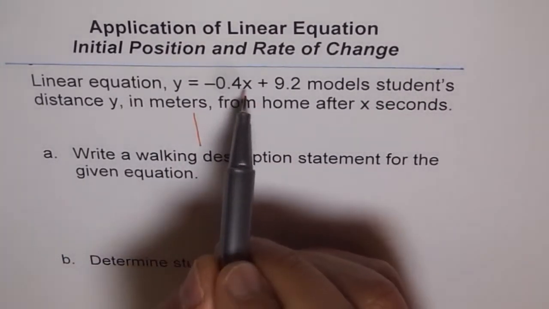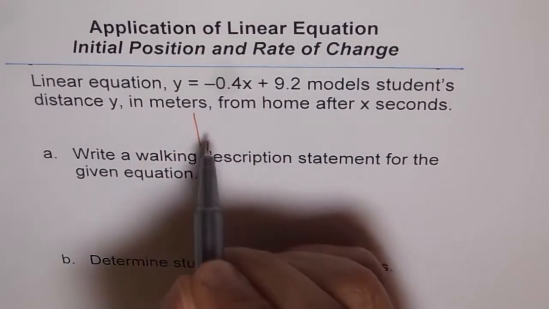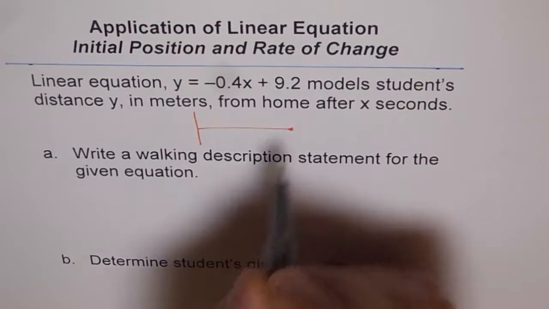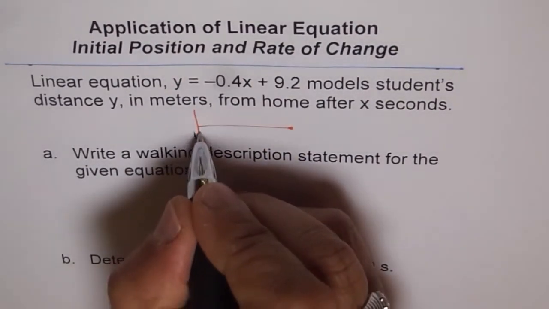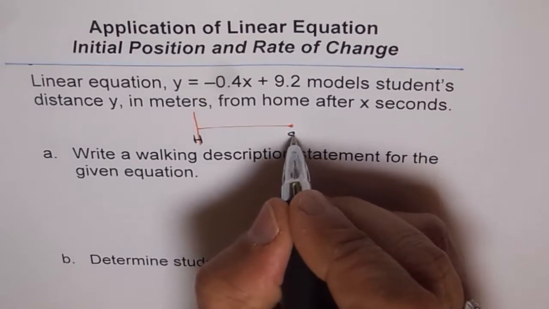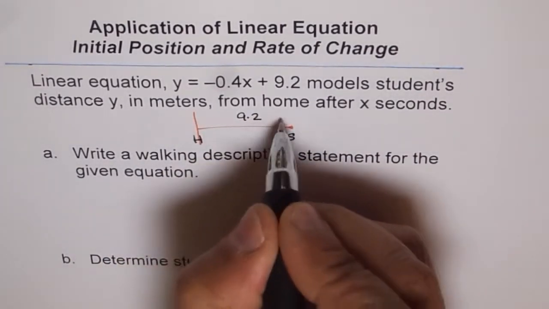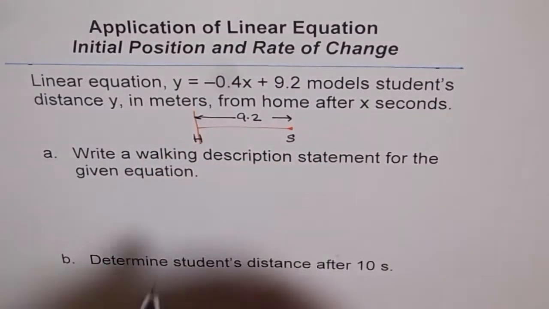Now if x is 0, then y is 9.2. That means the student is 9.2 meters away from home, correct? So let's say this is home and that is the student, and the distance between the two is 9.2 meters. That is the distance of the student from the home.